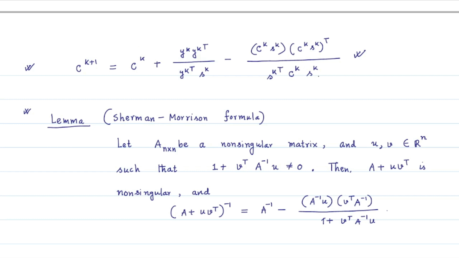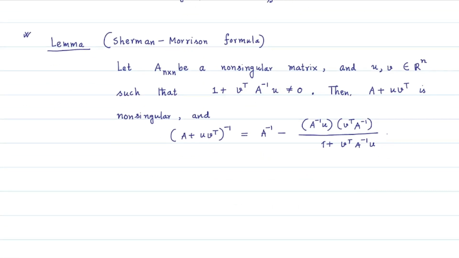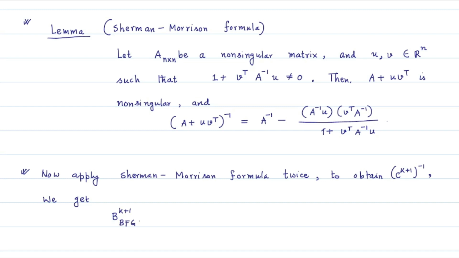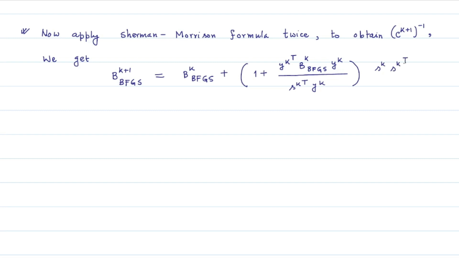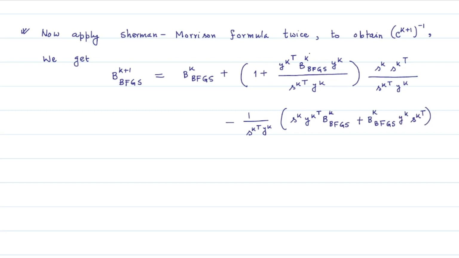So to compute the inverse of this matrix, we apply this Sherman-Morrison formula twice, and you will get that if we write Ck plus 1 inverse as Bk plus 1 BFGS, then this expression is equal to Bk BFGS plus this expression, where this Bk BFGS is equal to the inverse of the matrix Ck.